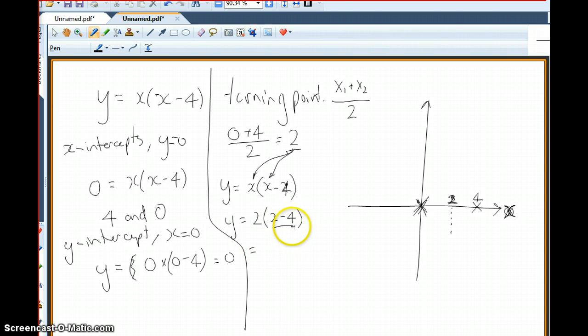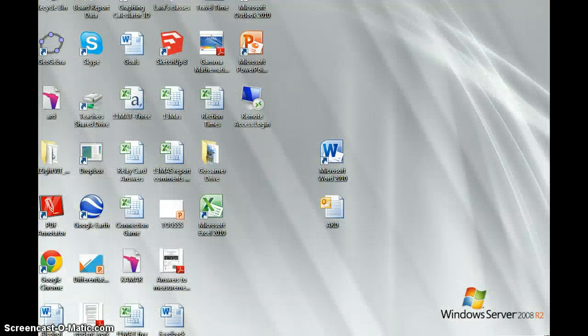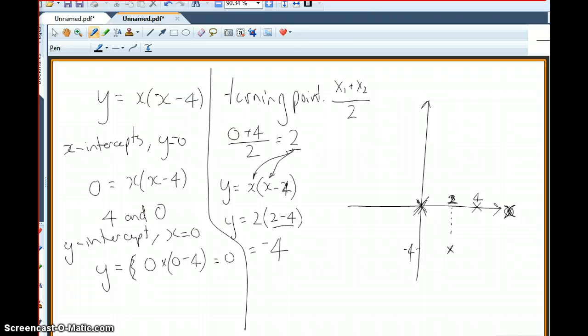What's 2 minus 4? Okay, minus 2 times positive 2. And it makes sense that it's a negative because it fits with my parabola.